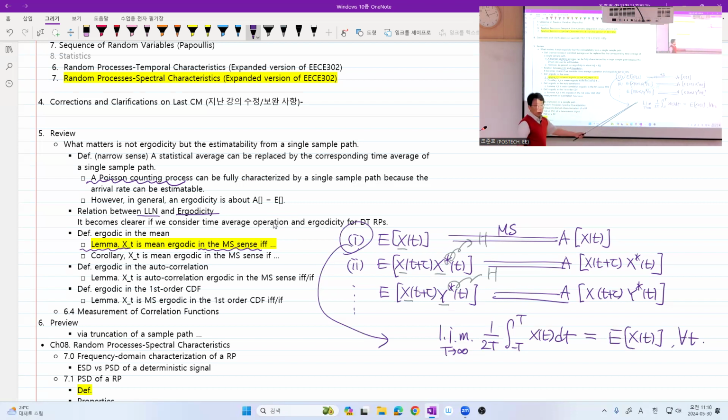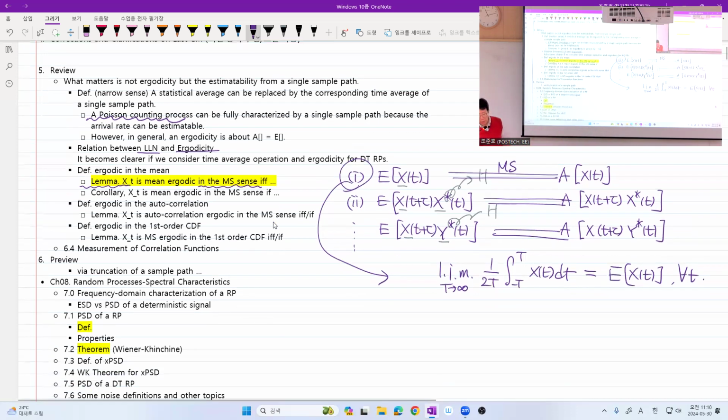Now, this is just an assumption, or you may say a definition. And what would be the related properties? Some lemmas, theorems, corollaries, something like that. Among them, one of the famous lemmas related to mean ergodicity in the mean square sense is this one.